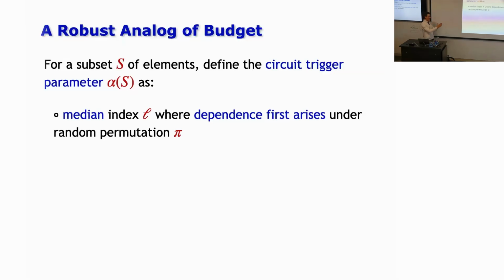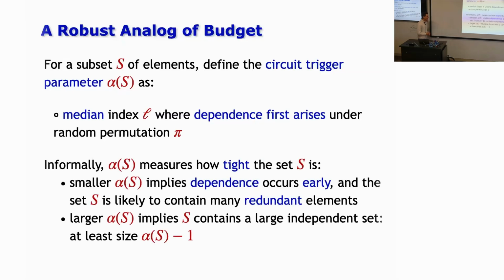Right, so again, for each permutation, you can do these prefix queries. Eventually, they'll become dependent. And we're just measuring how far into the permutation you got before dependence arose. We're taking the median across all permutations and calling that alpha. Informally, alpha is measuring how tight the matroid is.